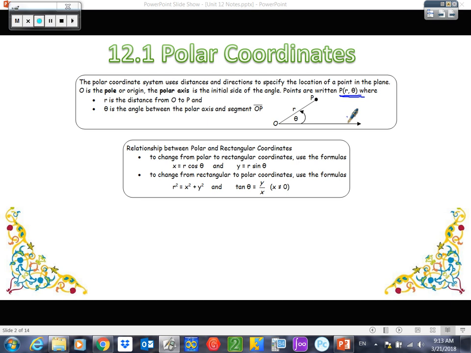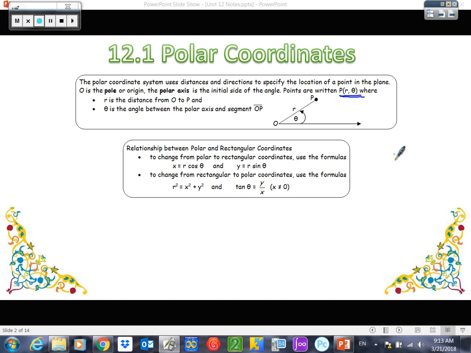It's exactly the same. So this theta measurement is actually an angle measurement, and it's measured from the pole. We would consider it an x-axis in the old system, and rotates. Just like if we're rotating this way, it would be a positive angle. If we rotate backwards, it would be a negative angle, just like our unit circle. Okay, so that's going to be very familiar to us.